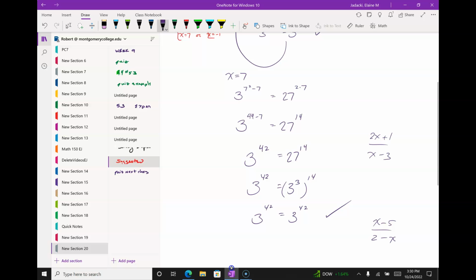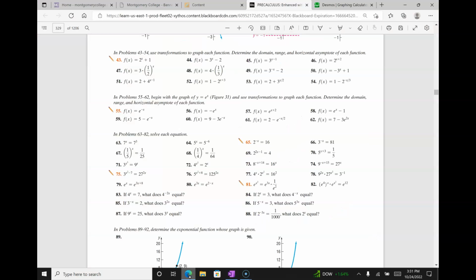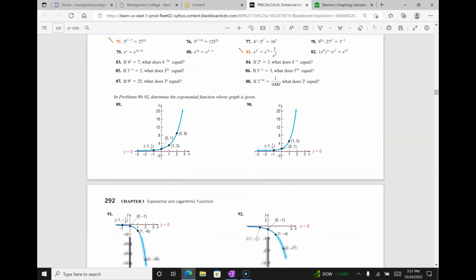Then the other one is factor, and the rationals. So what's going to be on the test?